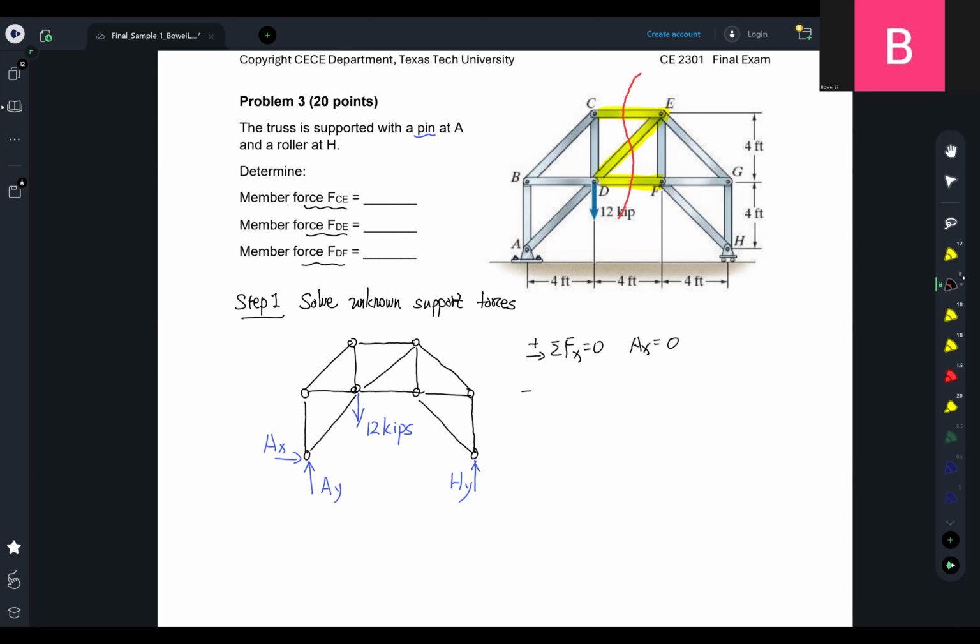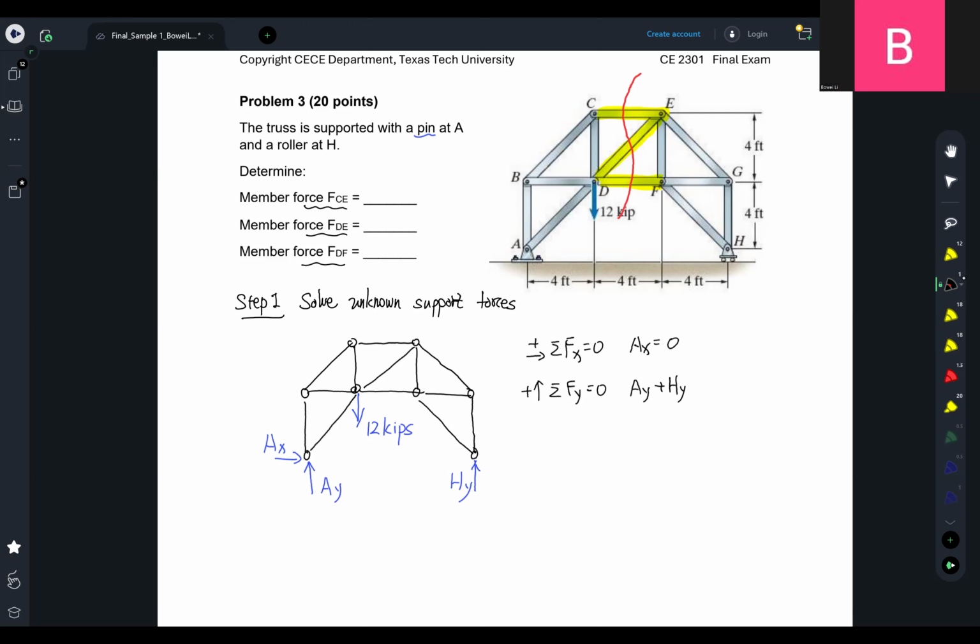Second equation, summation of forces along the y direction equals 0. What do we have along y? We have AY and HY, both going upwards, so they are positive.